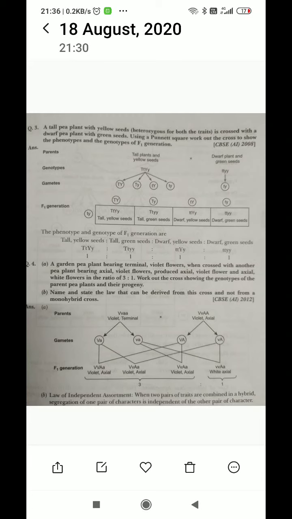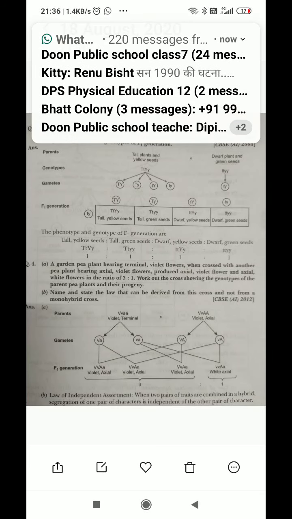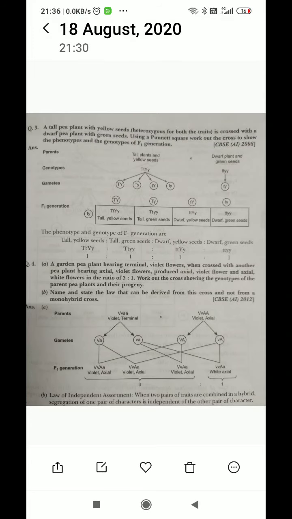Name and state the law that can be derived from this cross and not from a monohybrid cross. Because in this type of dihybrid cross, it is the law of independent assortment. Now they have shown it has to come in the ratio of 3:1.